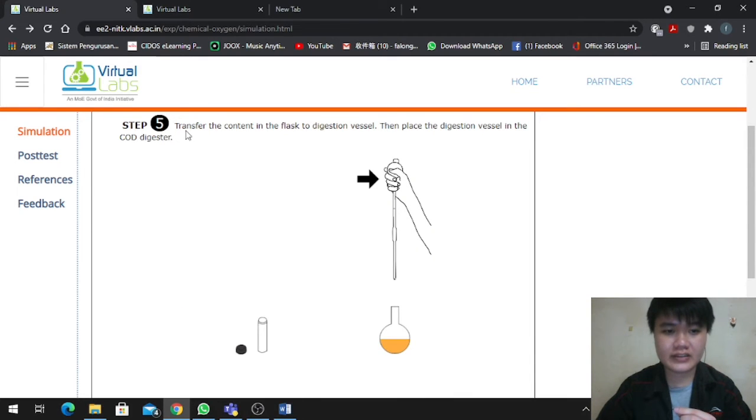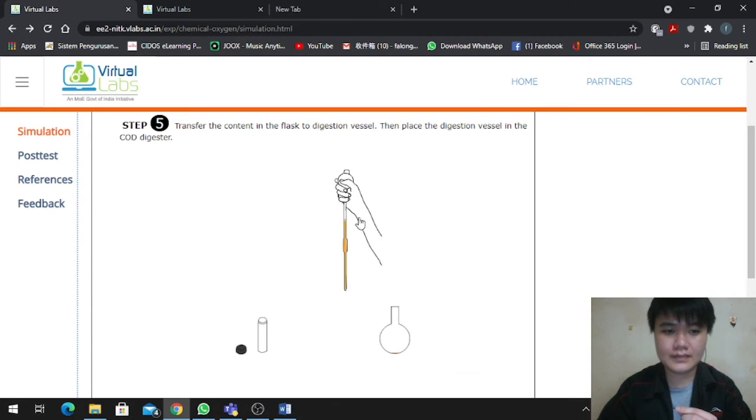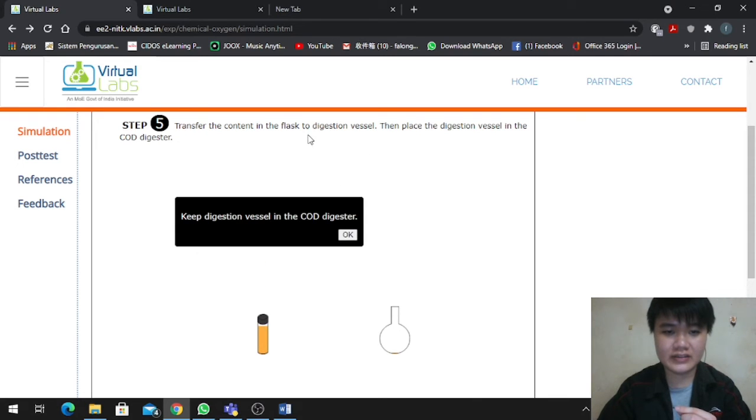Step 5. Transfer the contents in the flask to digestion vessels. Then place the digestion vessels in the COD digester. Put it down in the digestion vessel. Keep the digestion vessel in the COD digester.